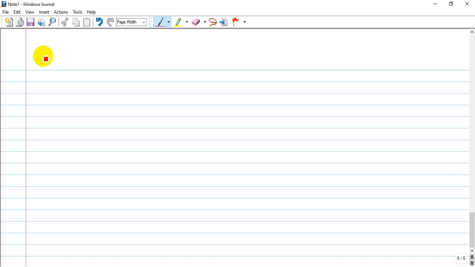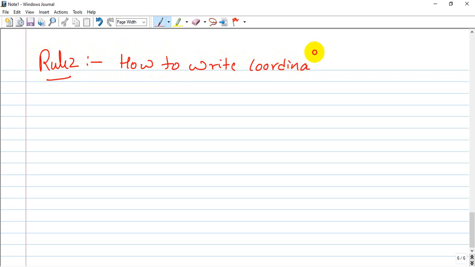Now the rule number 2: how to write the coordination sphere. This rule helps in writing the coordination sphere using the following points. Point number 1: use only square brackets.